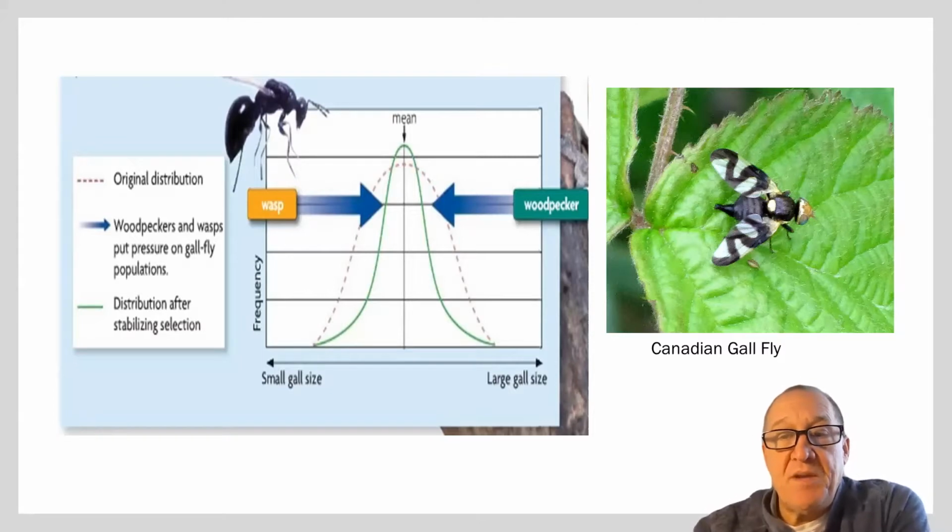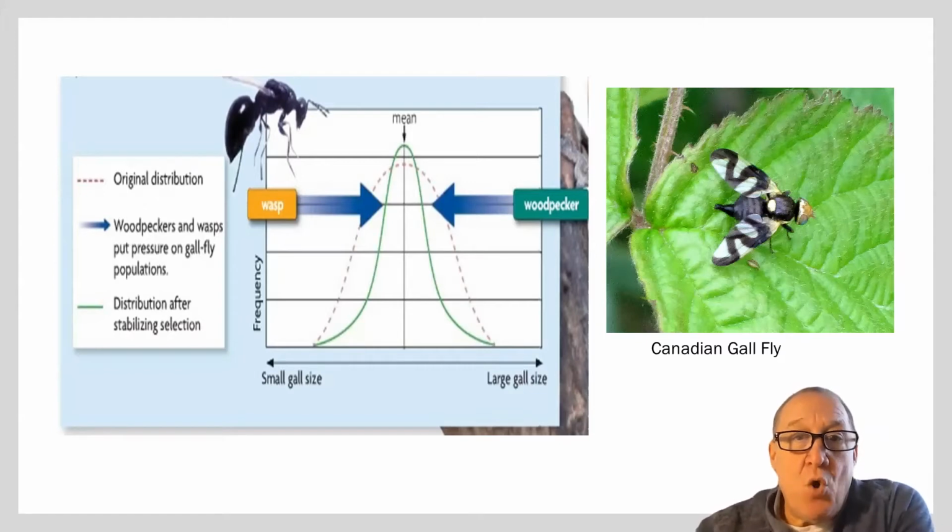There's another example of stabilizing selection, which isn't so apparent now because of medical technology, but one of them used to be human birth weight. Before we had all the medical technology, low birth weight babies had a much smaller opportunity to survive. We didn't have the advanced neonatal intensive care units that we have now. And much larger babies often would die during childbirth.